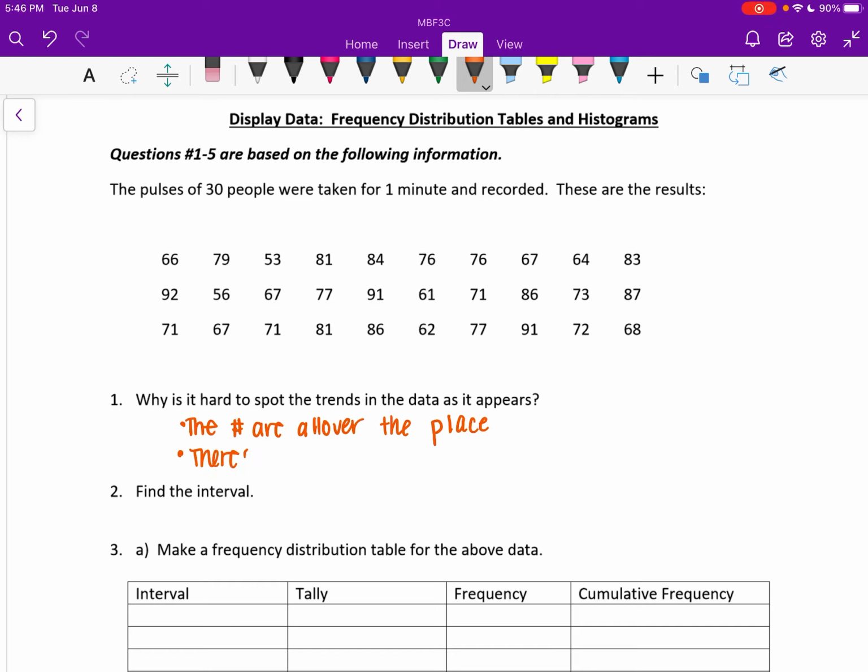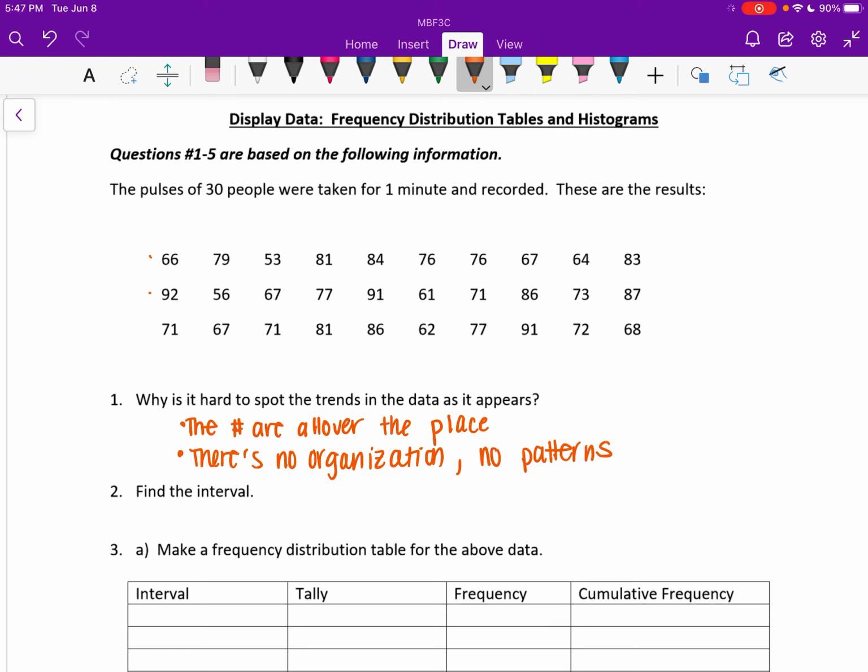There's no organization. And no patterns, right? You can't see any patterns here. It's just random numbers in a form.